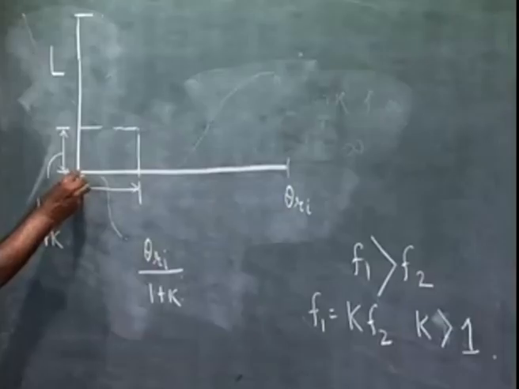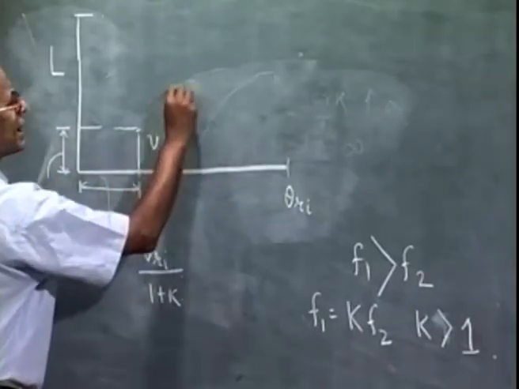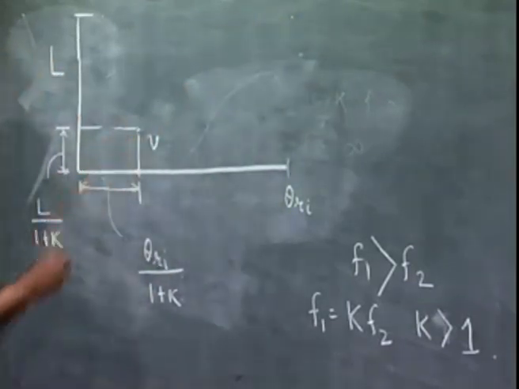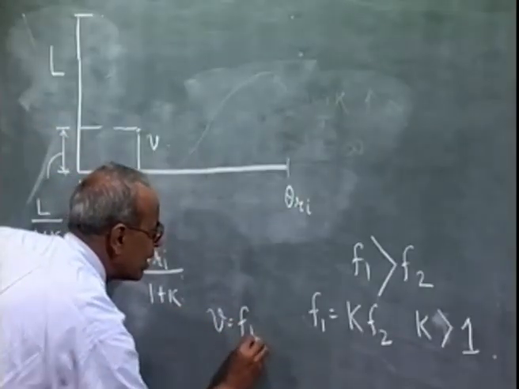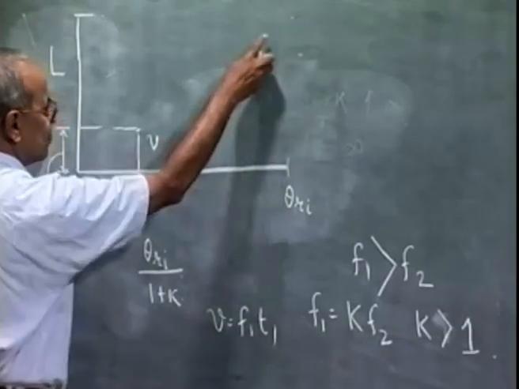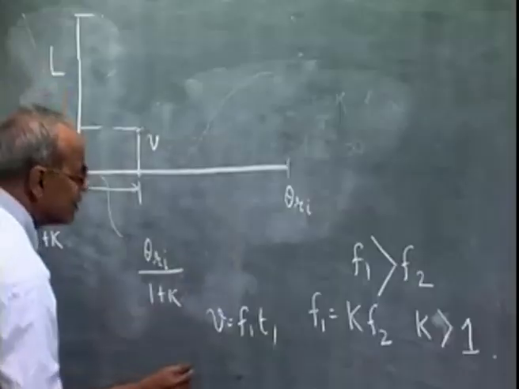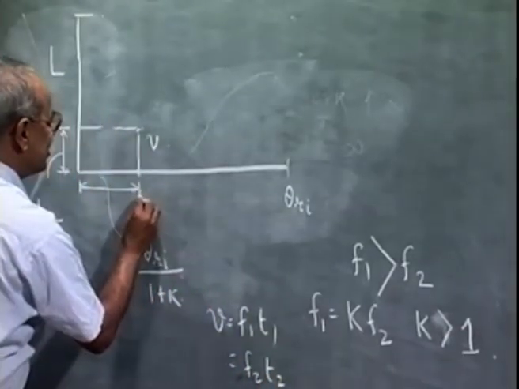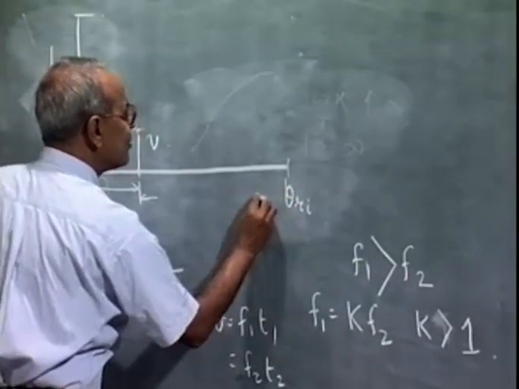It starts with 0 velocity, attains some velocity v here, and then it decreases and again becomes 0 velocity here. So you can easily show that as you know, v equal to f1 t1 if this time interval is t1, and also v equal to f2 t2 where t2 is this time interval, when we talk in terms of time.